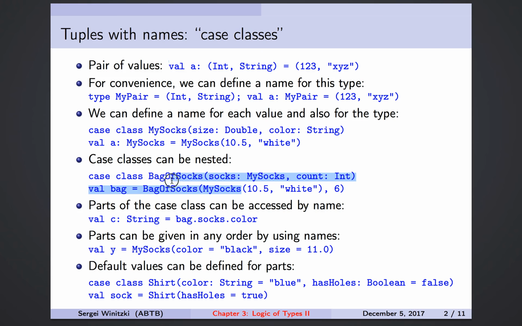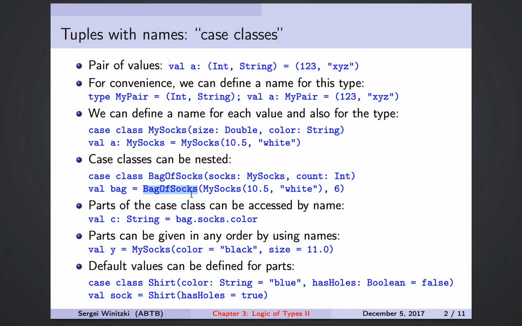But in this way, you prevent possible errors. It will not let you write a tuple here. It says it's the wrong type. So in this way, I define values of these types, which are called case classes. But what they actually mean is named tuples.